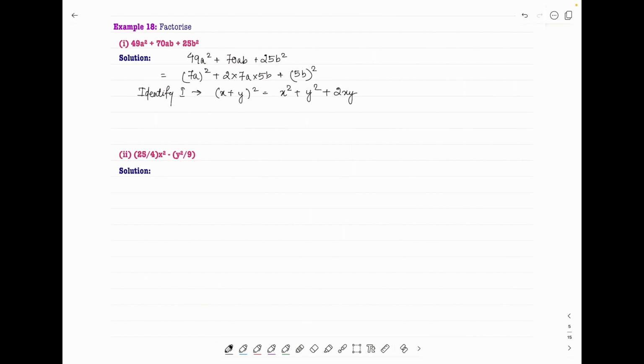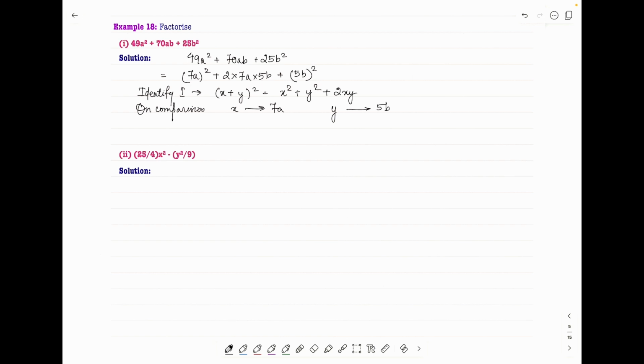On comparison, instead of x it is written as 7a, and instead of y it is written as 5b.